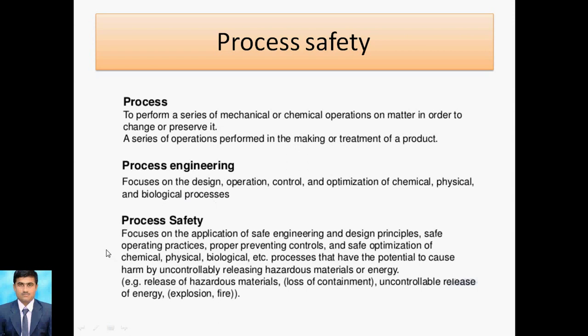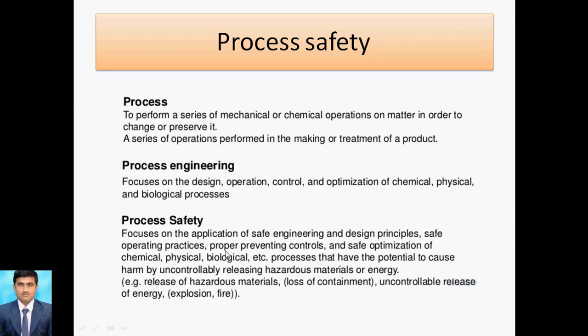That is called process engineering. In process safety, the focus is on the application of safe engineering and design principles, safe operating practices, proper preventive controls, and safe optimization of chemical, physical, biological, etc. processes that have a potential to cause harm by uncontrollable release of hazardous materials or energy.